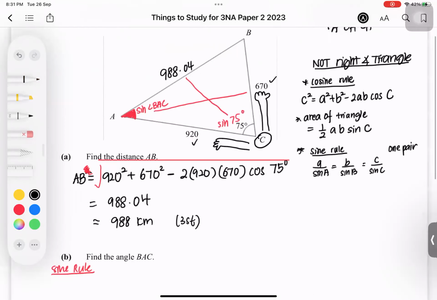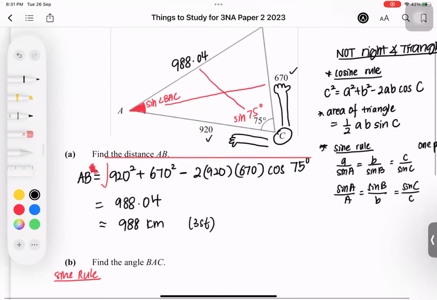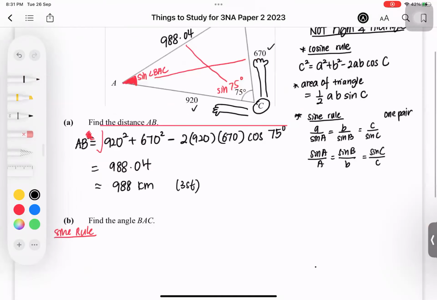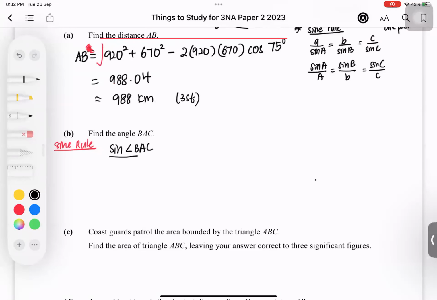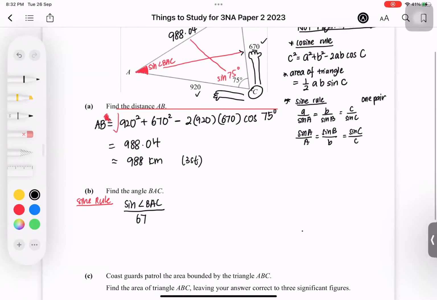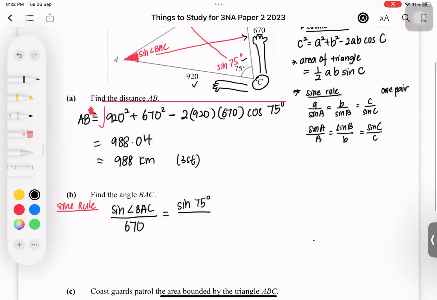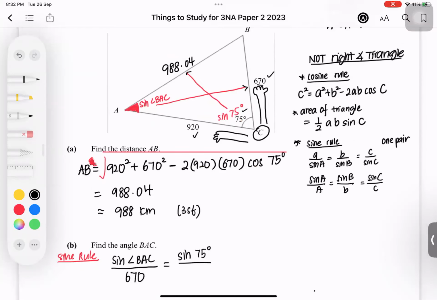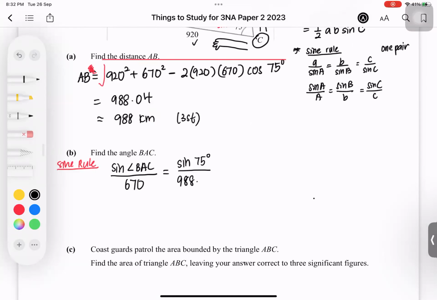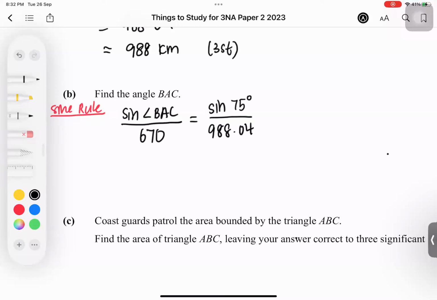So sine angle BAC over 670 equals sine 75 over 988.04. Pair: sine, then length, sine, then length.